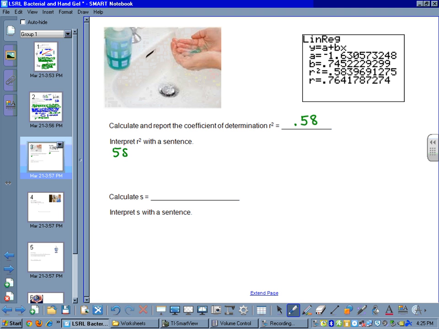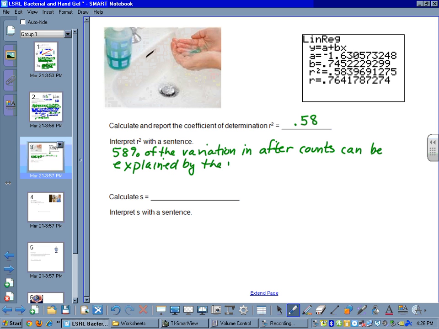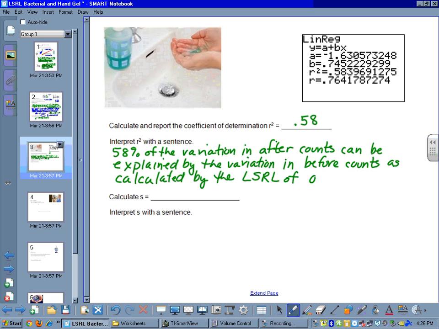My sentence would be: 58% of the variation in after counts can be explained by the variation in before counts as calculated by the least squares regression line of after on before counts.